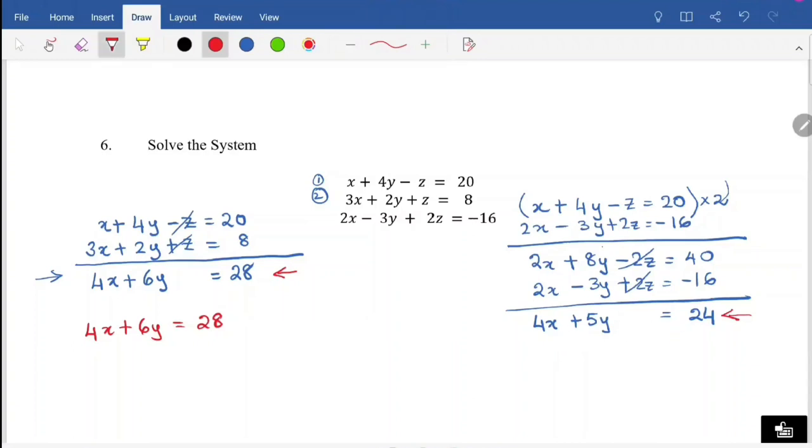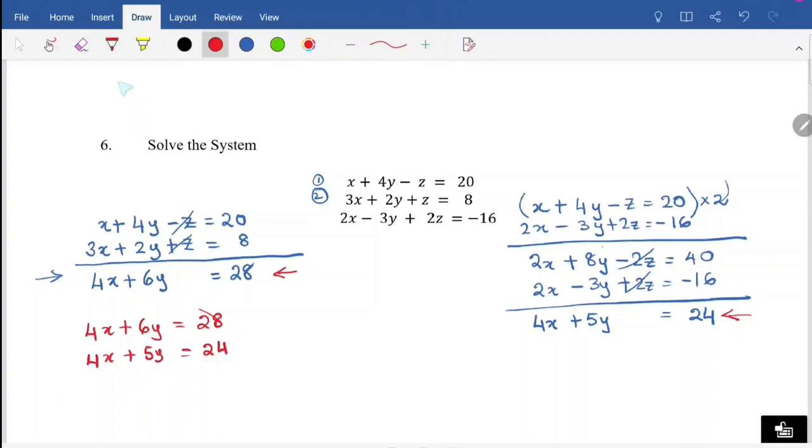And the second one is 4x plus 5y equals 24. Now, we have a 4x and a 4x. If we add them up, it'll be 8x. So that doesn't eliminate any of the variables for us.